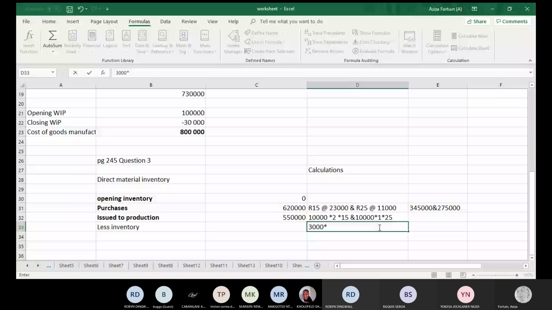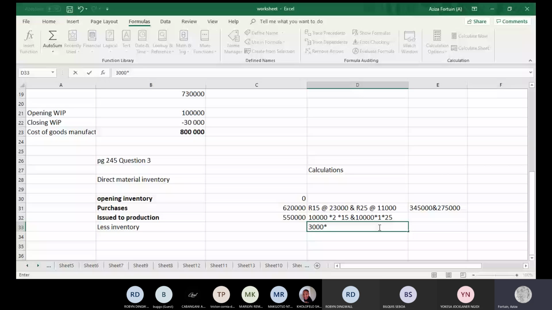So that's why I took 55. No, we need to calculate how much casings we have left, and you said there's 3,000 casings. So you're not going to multiply it by 2 again because we're not using 2 casings, we just want to know how much closing inventory we got. But when we issue to production, you use two because it takes 2 casings per clock.